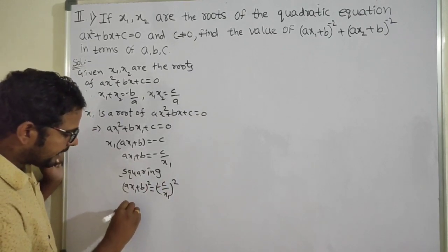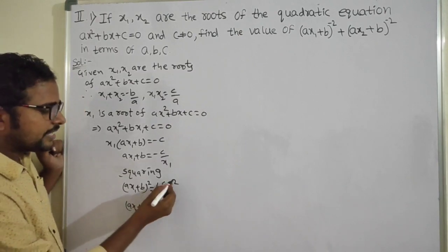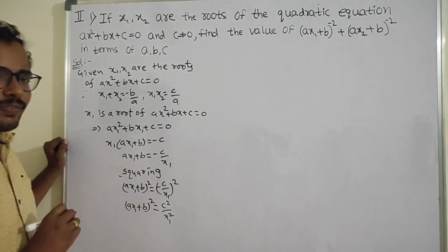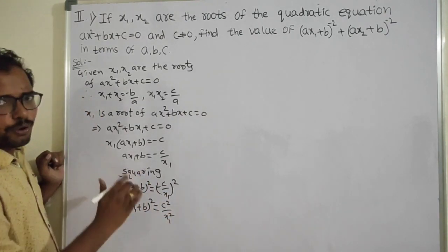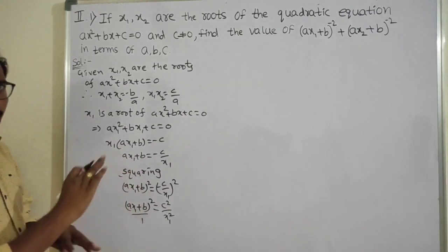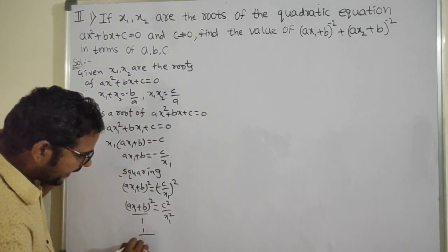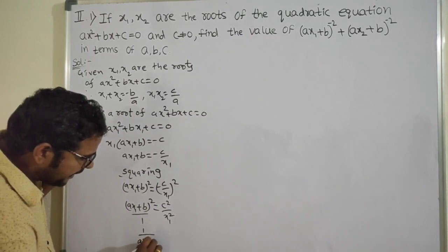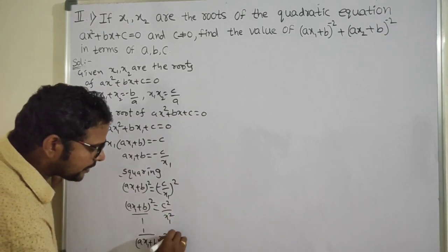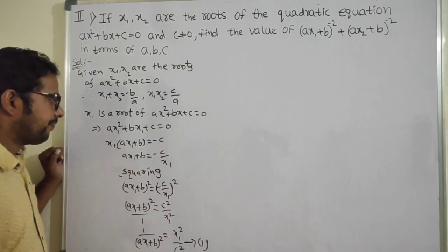So it becomes (ax1 plus b) whole square equals c square by x1 square. Now take the reciprocal on both sides. Here the denominator is 1. So it becomes 1 by (ax1 plus b) whole square equals x1 square by c square. Take it as equation number 1.